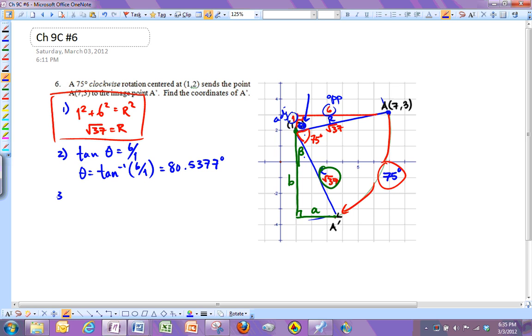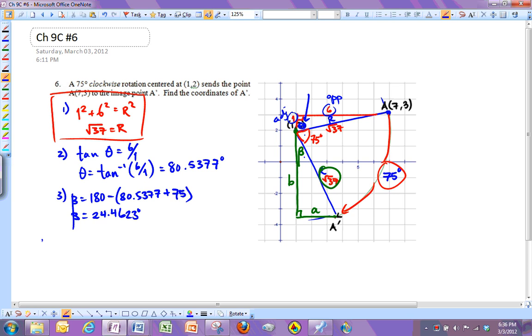And so that means beta is going to be 180 degrees minus 80.5377 plus that 75 central angle. And that comes out to be 24.4623 degrees. So now we've got our beta.